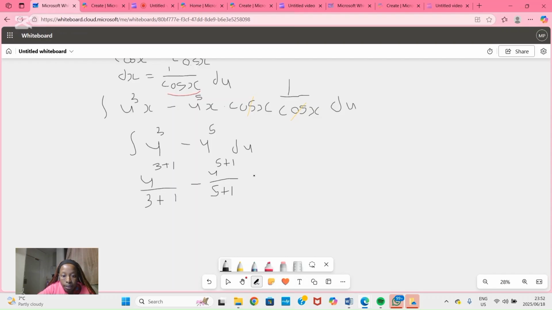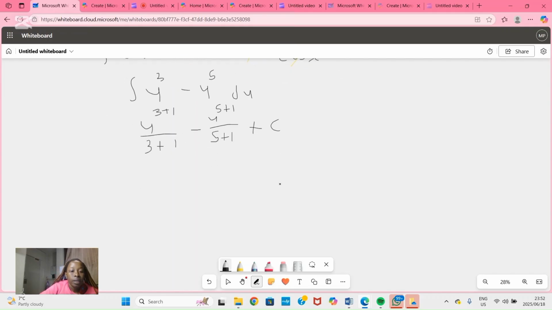Then we are adding c because we already integrated. So our final answer is going to be 1 over 4.